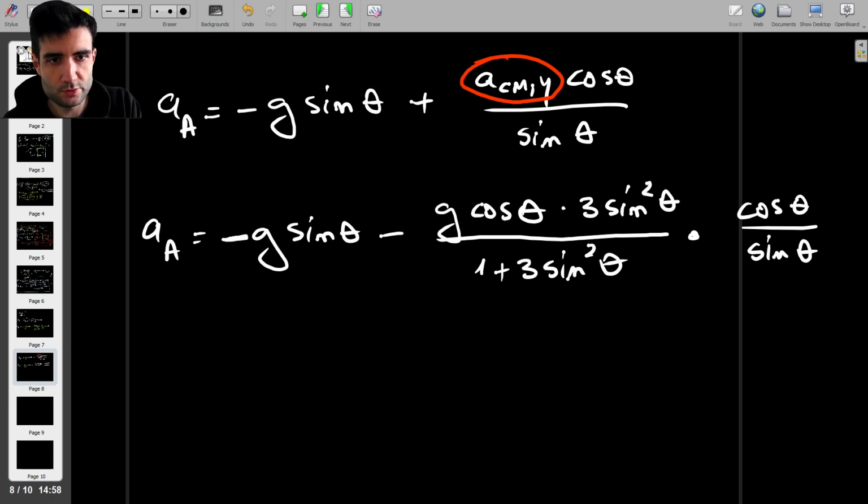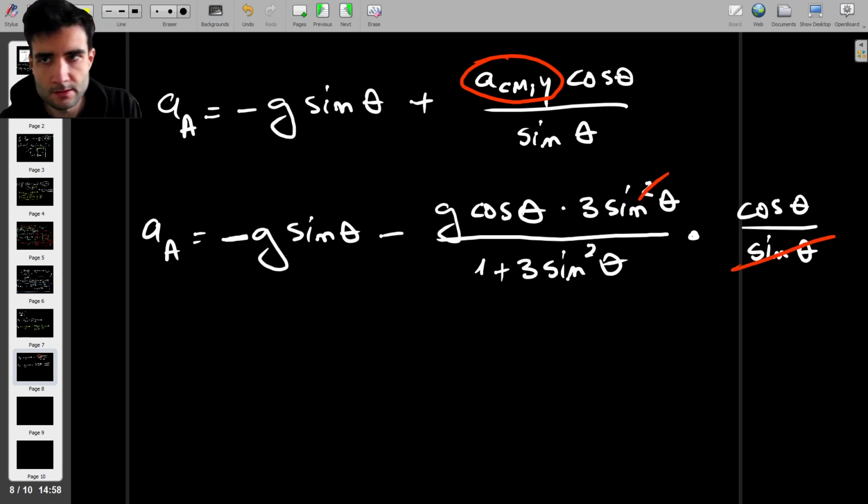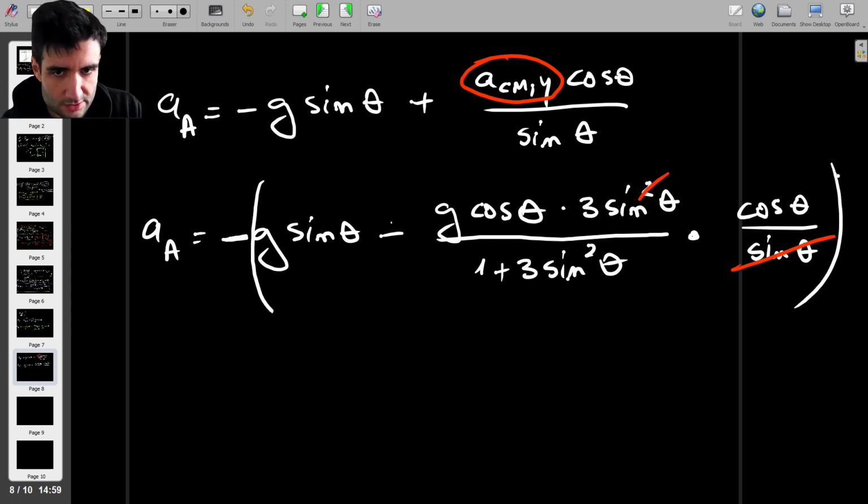Okay, so we can simplify a couple of things. We can cancel this sine with this sine, and we can put brackets around everything, and this is going to turn into a plus.